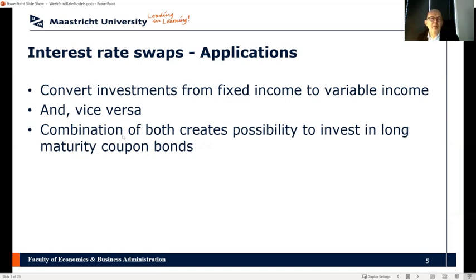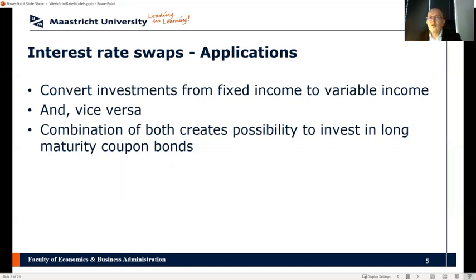And a combination of a swap with a short maturity and a swap with a long maturity can be used to very flexibly change your duration or your interest rate exposure, from short interest rates to long interest rates, or from long interest rates to short interest rates.